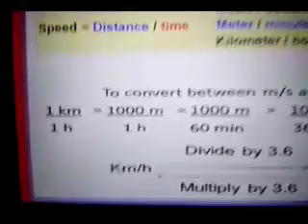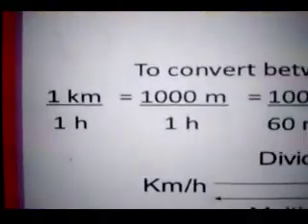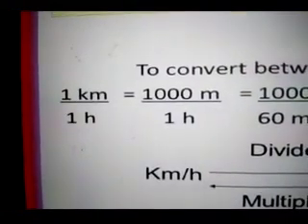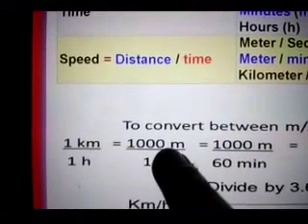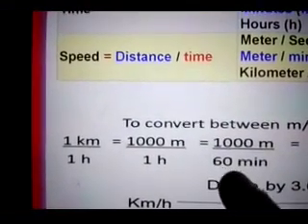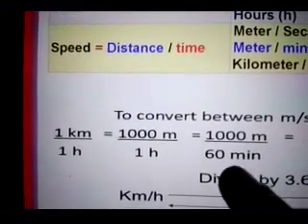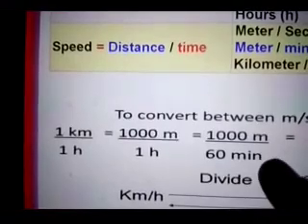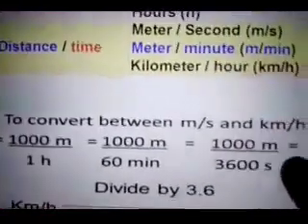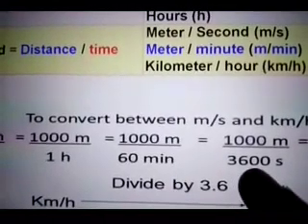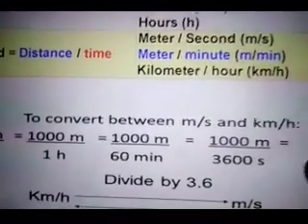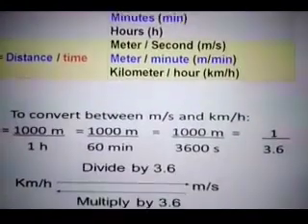Now I want to calculate 1 kilometer per hour in meters per second. We know that 1 kilometer means 1000 meters and 1 hour means 60 minutes. Now 60 minutes converted into seconds is 3600 seconds, so it becomes 1000 meters per 3600 seconds. Then we get 1 by 3.6.